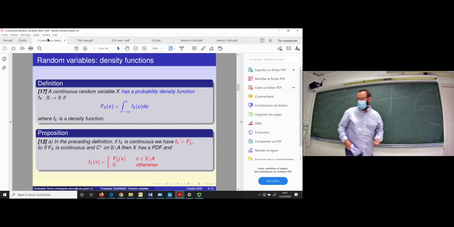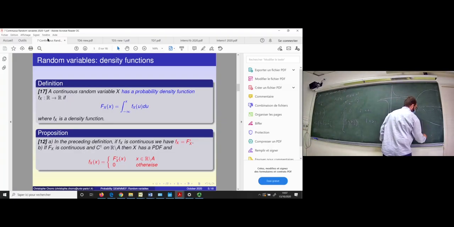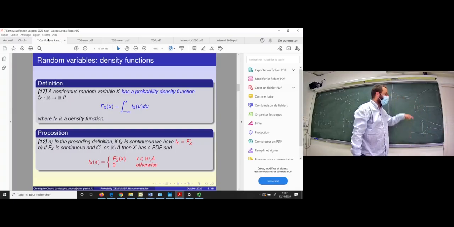I know that my uniform on the interval 0, 1 has a distribution function that is equal to, it's a picture that I have already done, it's this picture here, identity on 0, 1. So that's why I will make this one appear.